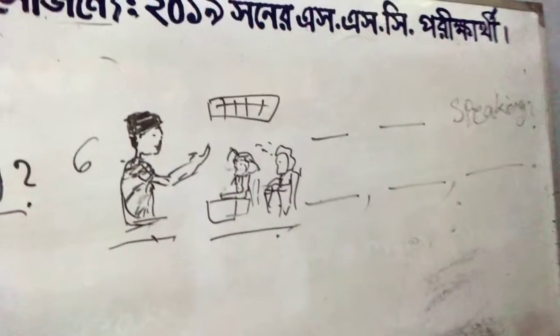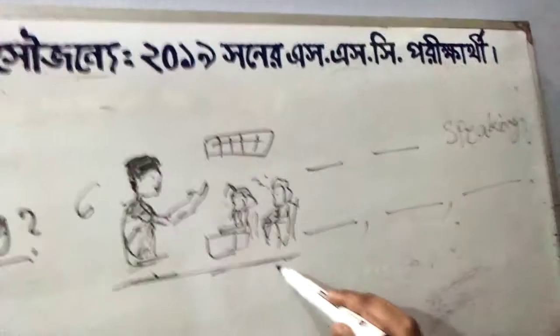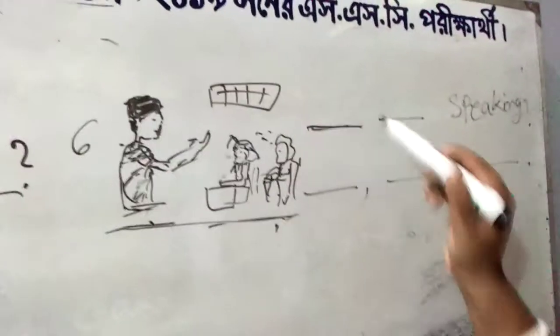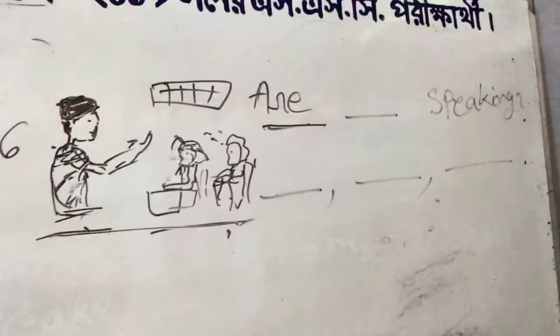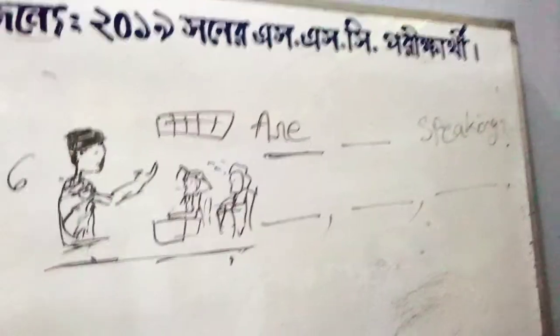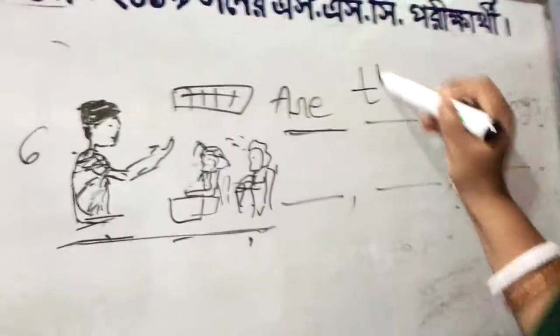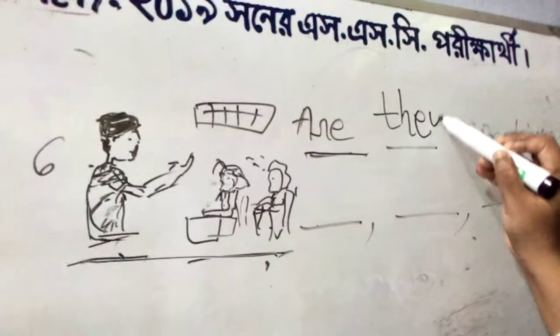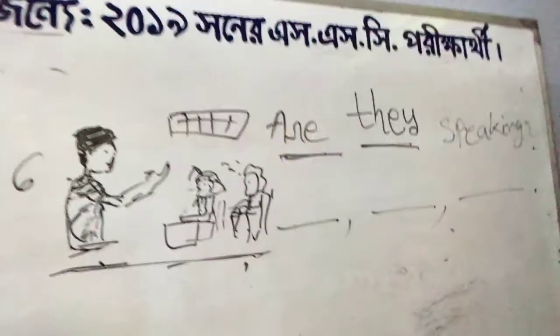So as they are in plural number, what should we put as the auxiliary verb? We should put the auxiliary verb are. Okay, so are, and for plural number, what should we put as the subject? He or she? No, neither she nor he. Better we would put the plural pronoun they.